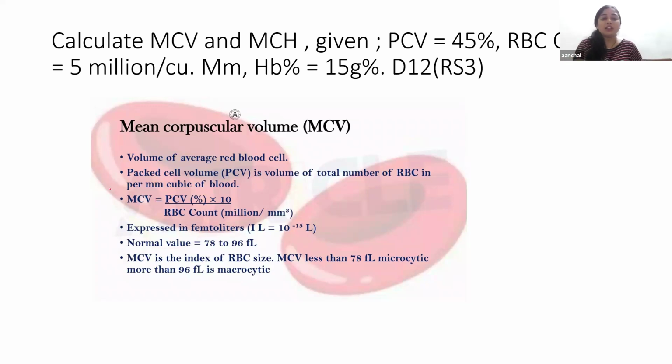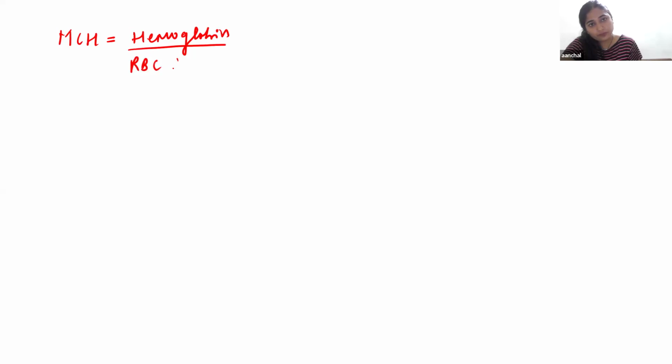For MCV, the formula is PCV percentage into 10 upon RBC count. For MCH, the formula is hemoglobin upon RBC count into 10.